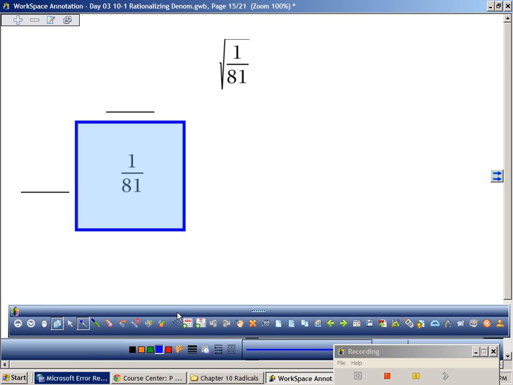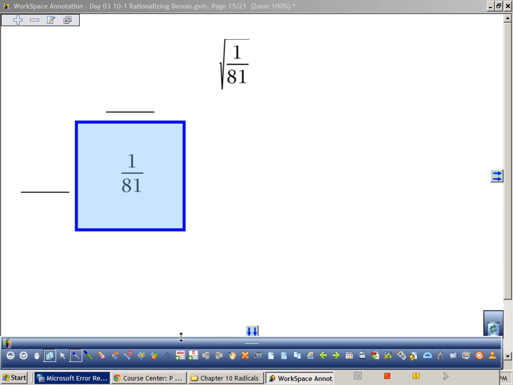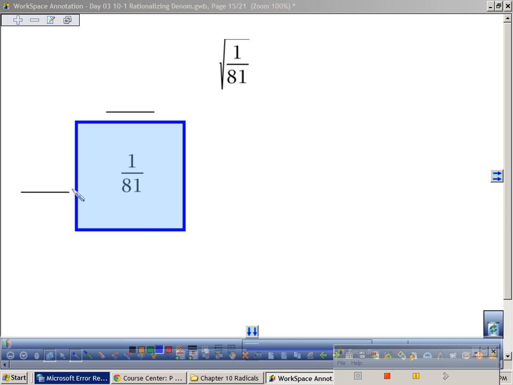So if I would have showed you this before, you would have said, what? No, I'm still at 9.5. If I have 1 over 81, what two numbers, when I multiply, will I get 1 over 81? 1 and 9.